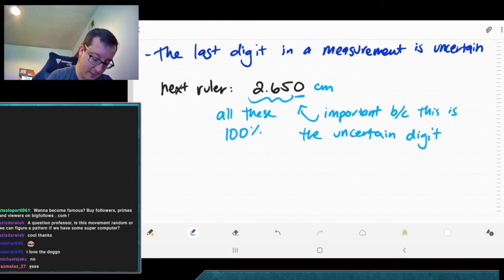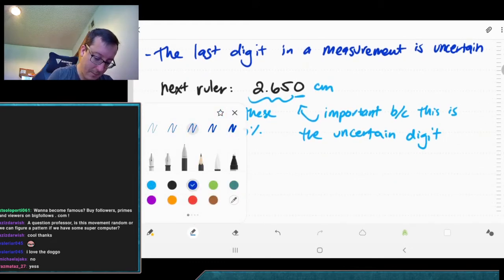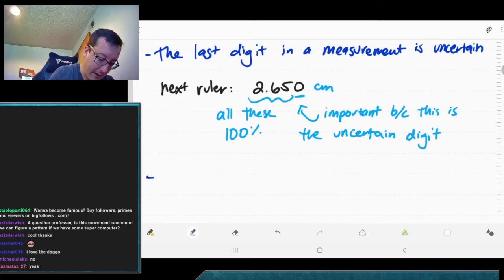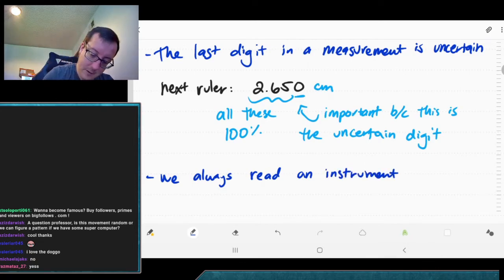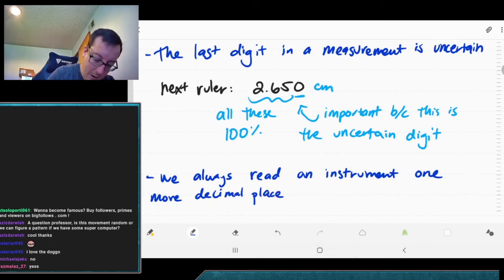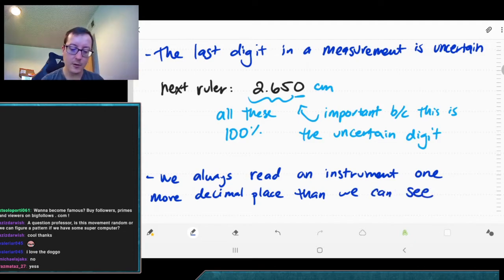All right, and so notice also with that uncertainty, we know that we always read an instrument like a thermometer one more decimal place than we can see. So notice that first ruler went from 0 to 10, and that was it.